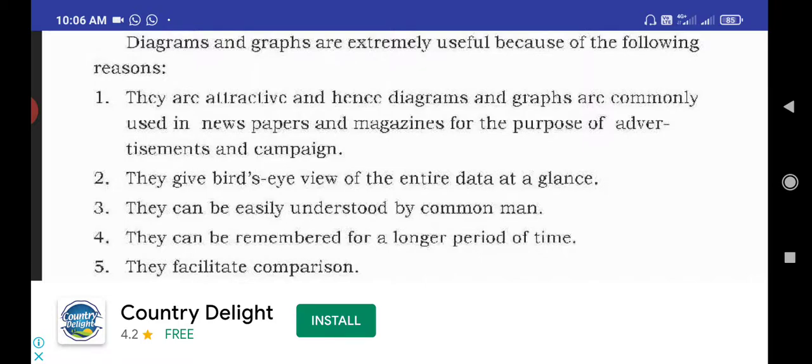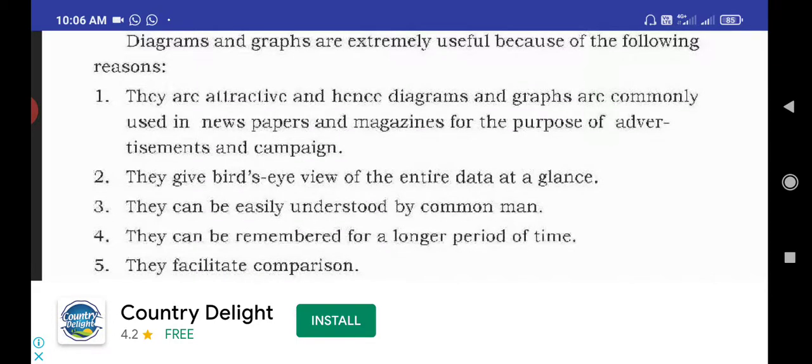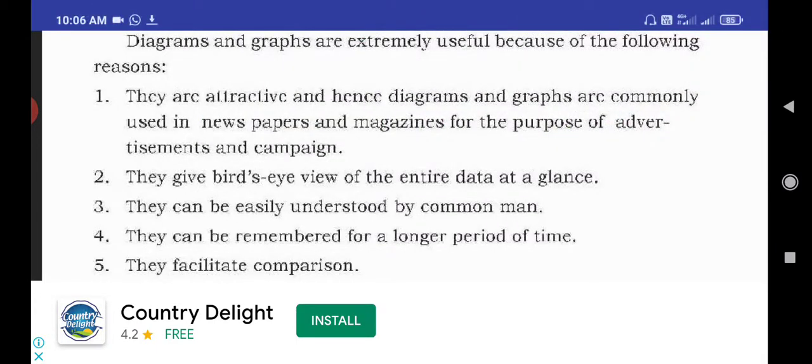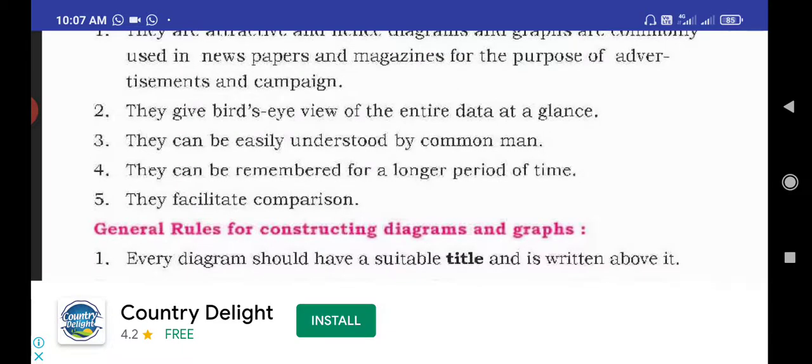Diagrams and graphs are very useful because they are very easy to understand by a common person and that information requires only less space. Diagrams and graphs are used in advertisements and are useful for comparison also, comparison with previous years and with other companies' data. So very useful. Okay students.